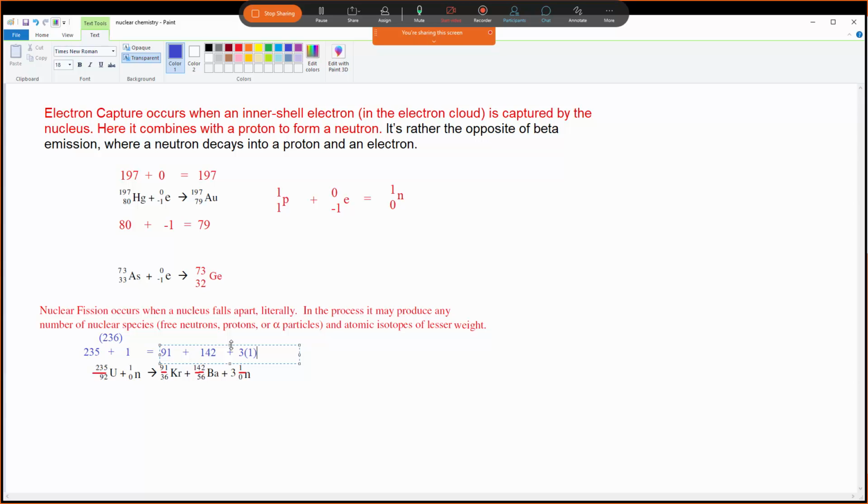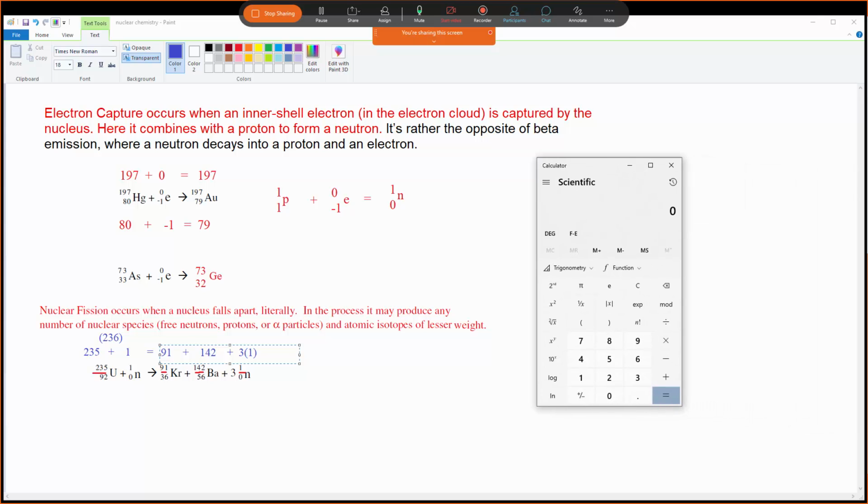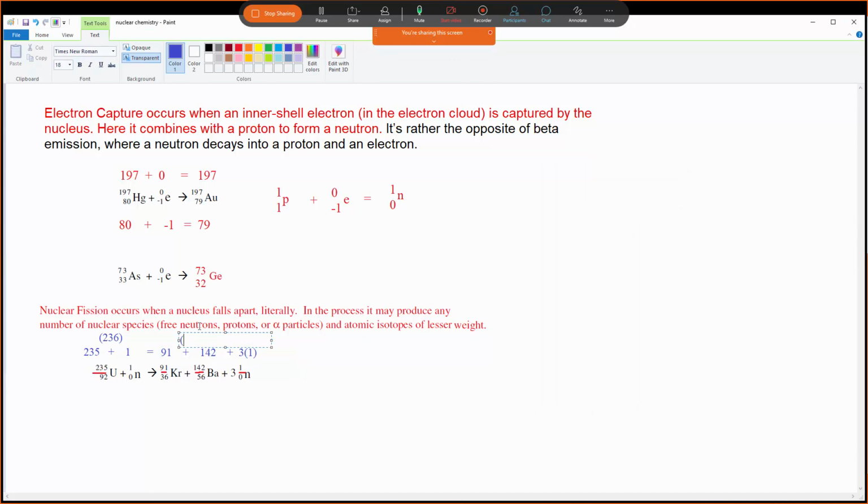So don't forget, if you have a coefficient here, that you have to multiply whatever mass by that number. So 91 plus 142 plus 3. If I plug that into my trusty calculator, I get a total mass, as you can see, of 236.